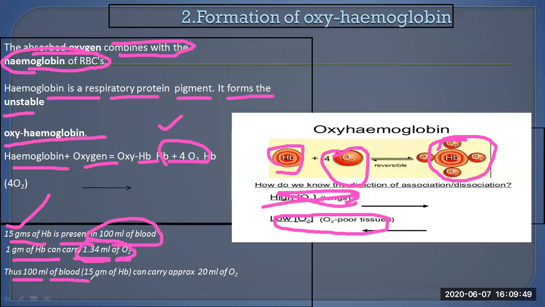Thus, 100 ml of blood with 15 gram of hemoglobin can carry approximately 20 ml of oxygen.